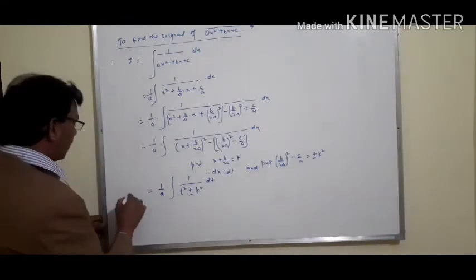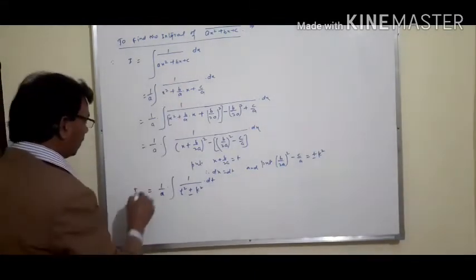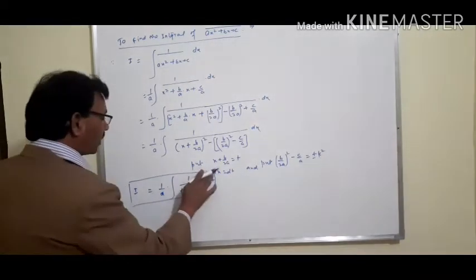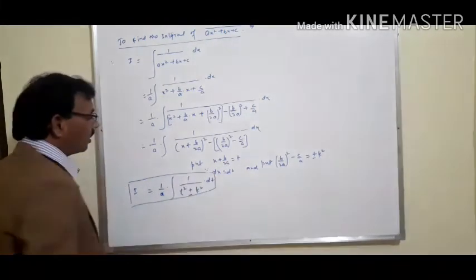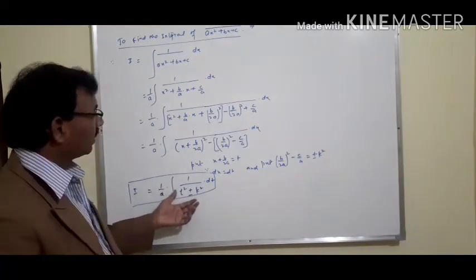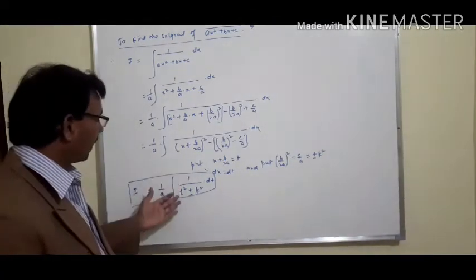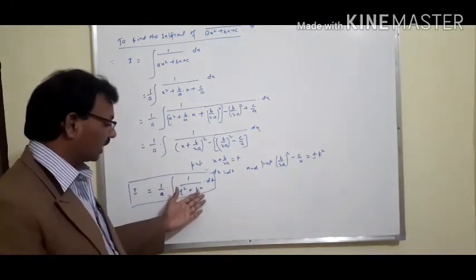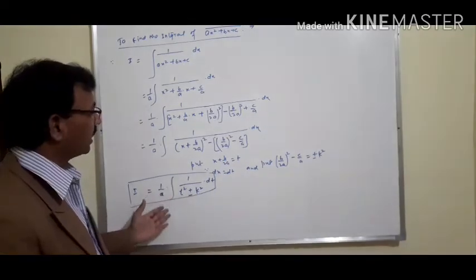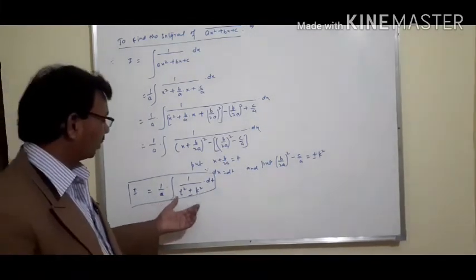This is the form of a given function, and then we can evaluate it according to the previous formula. That means 1 upon x square plus a square or 1 upon x square minus a square, which we have already studied in the previous videos.